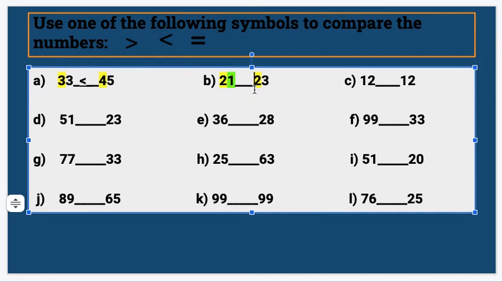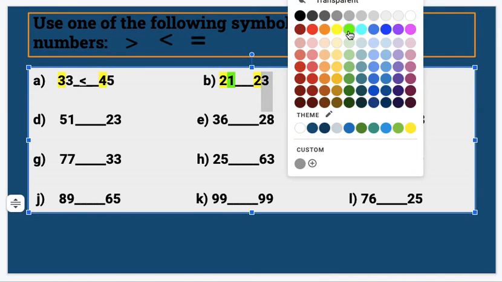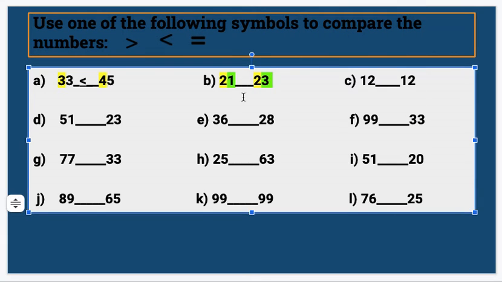That makes up 21. Let's look at 23. I have 2 tens and how many ones? Yes, you got it right, I have 3 ones. So when I used my place value chart, I saw that 21 is less than 23. So I'm going to use my math symbol.